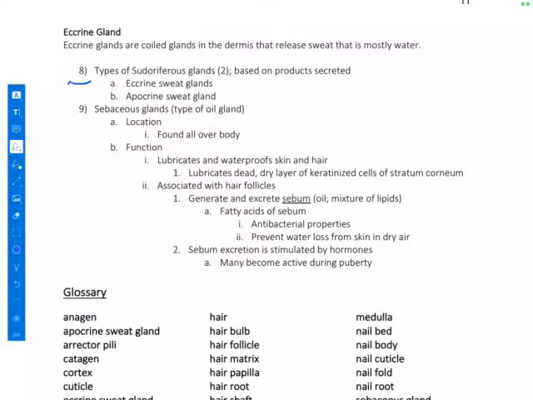It produces a hypotonic sweat for thermoregulation. So in other words, the sweat is mostly water. It doesn't have a whole lot of solute in it. It has some salt, it has some antibodies, a trace of metabolic waste, and even some dermcidin, which has antimicrobial proteins in it.